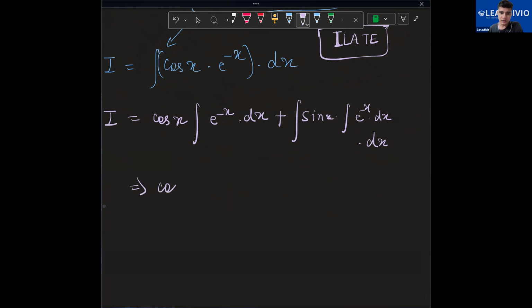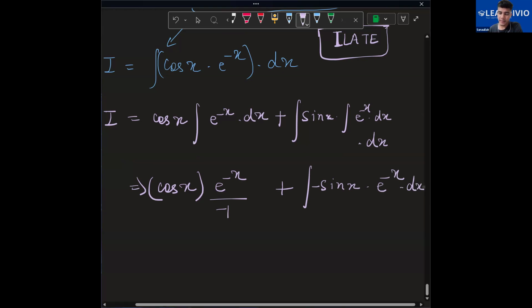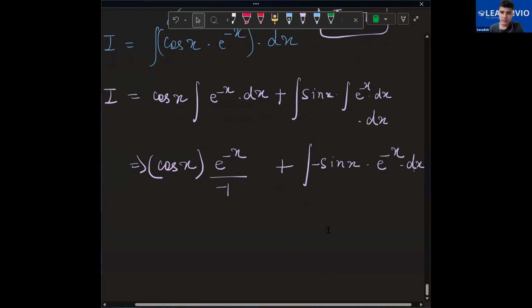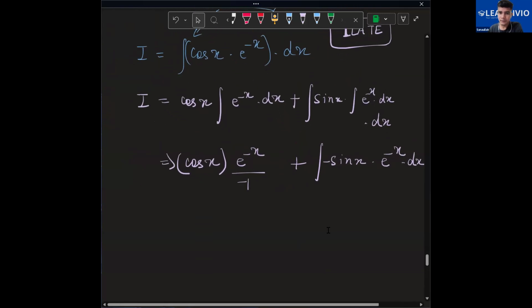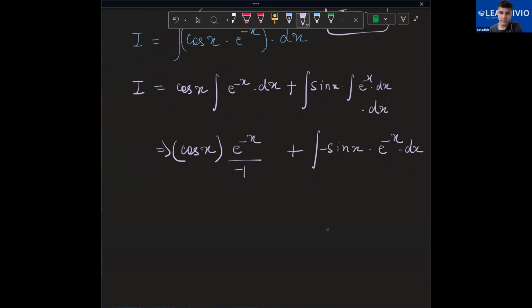So on solving this, you will get cos of x, and for this you will get e power minus x over minus 1, and for this we will get sin x, and minus sin x into e power minus x dx. Now you have to apply the same integration by parts here also.